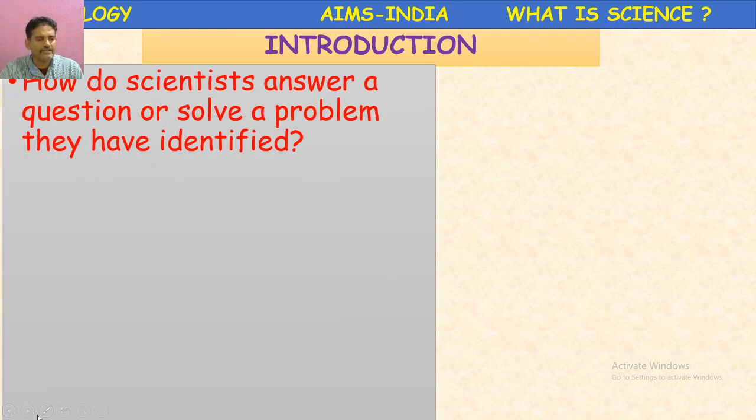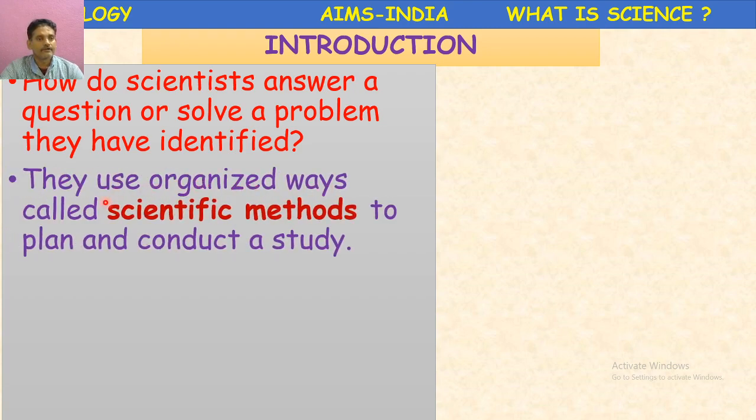How do scientists answer a question or solve a problem they have identified? For that, they use organized ways called scientific methods to plan and conduct a study. Which method did they follow?